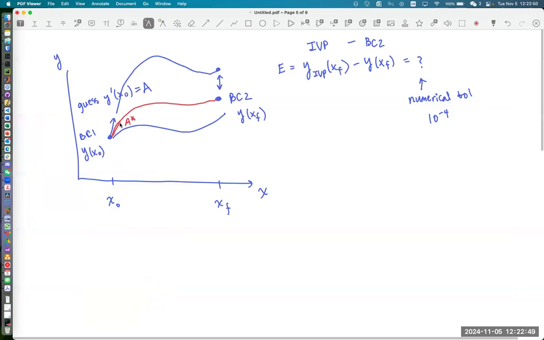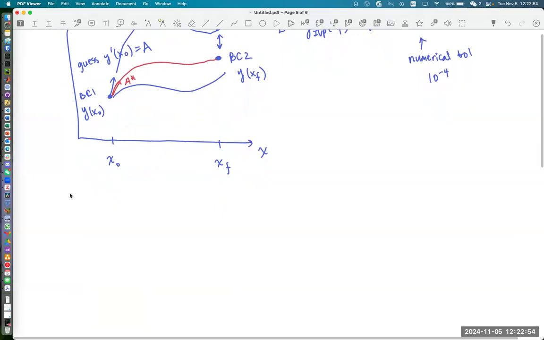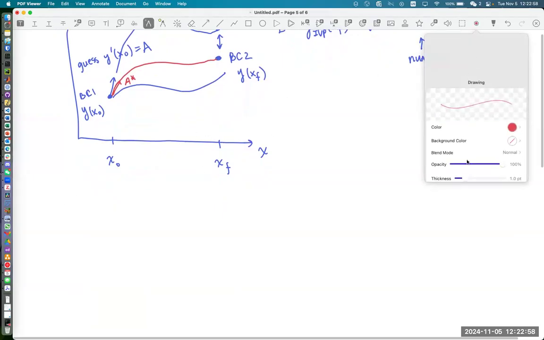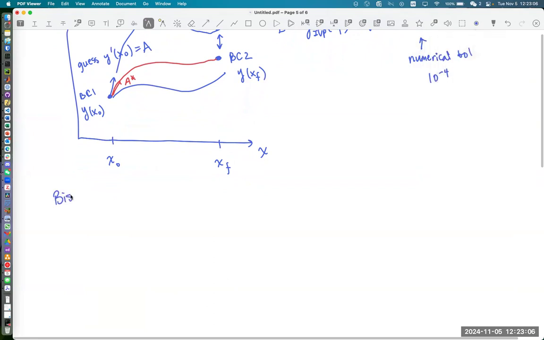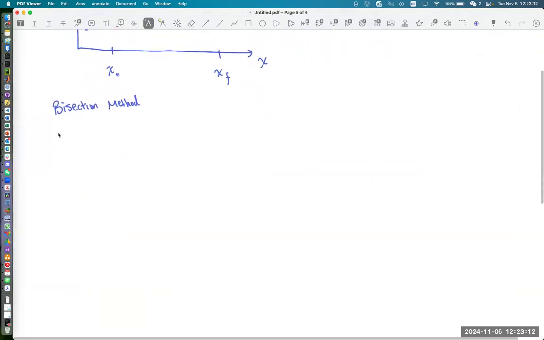And how do we change this A? We use a root finding algorithm, not shooting method, a bisection method that we learned in lab 1. So the bisection method was used to solve a root finding problem.